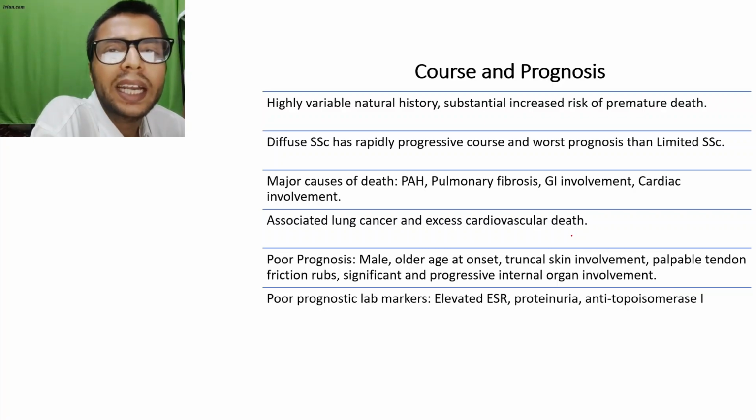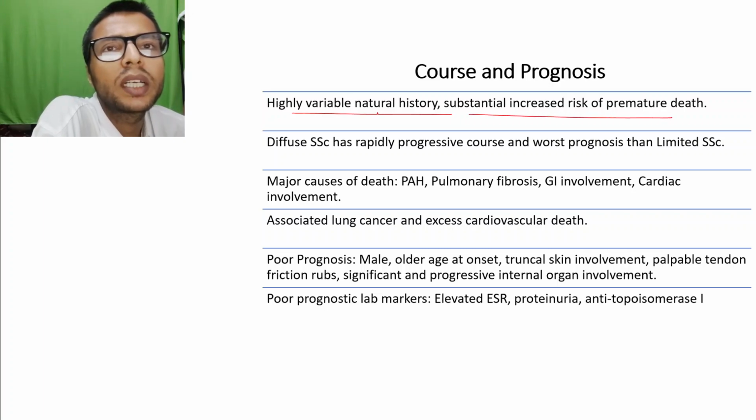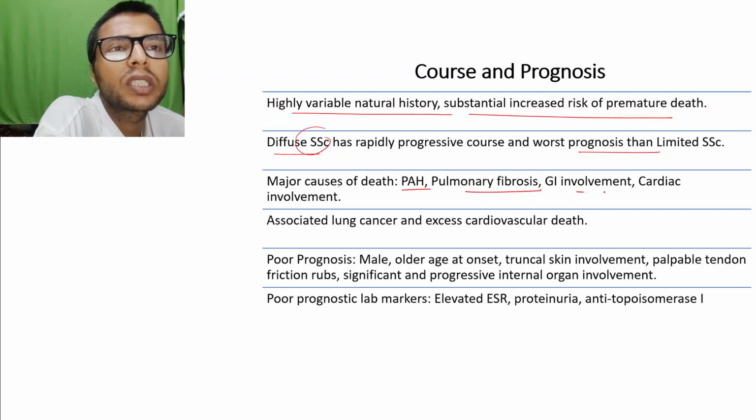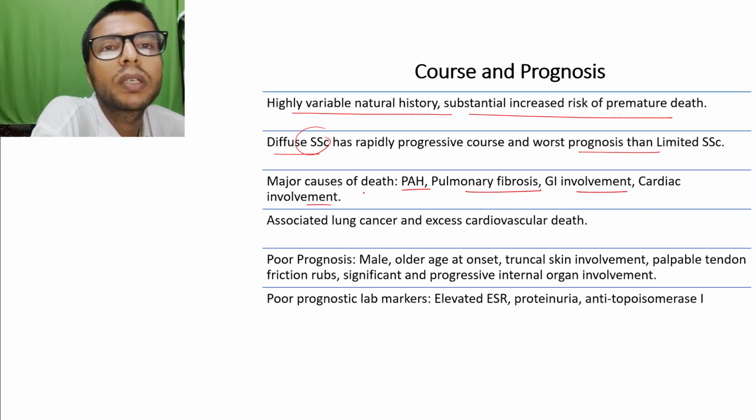And regarding course of disease, you can see the natural course is highly variable, and there is increased risk of premature death. And I already told you diffuse disease has a rapidly progressive course and worse prognosis than limited forms. And major causes of mortality are pulmonary artery hypertension, pulmonary fibrosis, GI involvement, cardiac involvement.